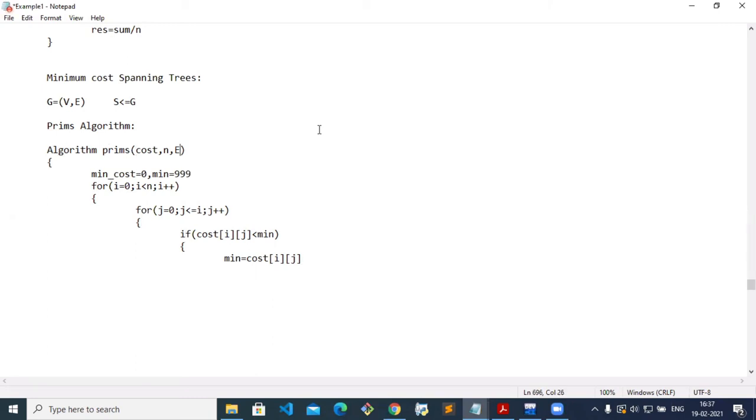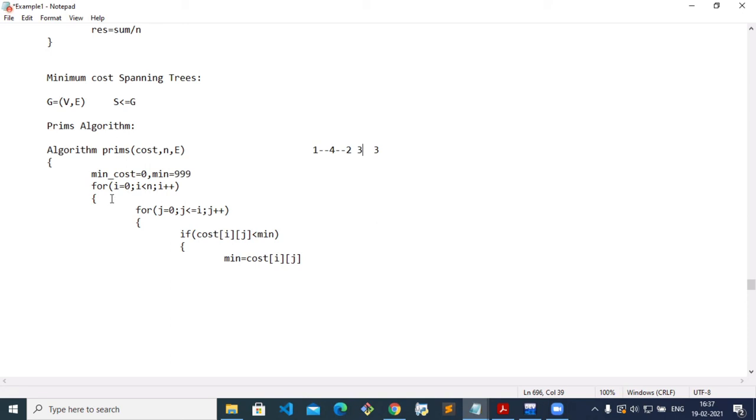if we consider 1 is having two edges, to 2 as well as to 3. I cannot draw here, so you assume like this. 1 is having two edges, 2 and 3. The cost of 1 to 2 I'm assuming is 4, and the cost of 1 to 3 is 3.